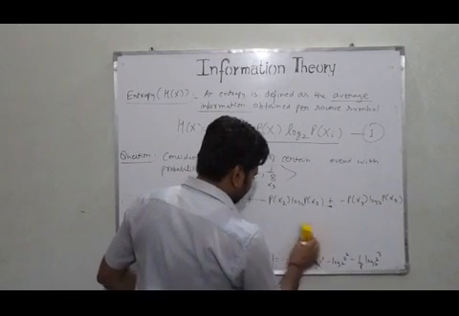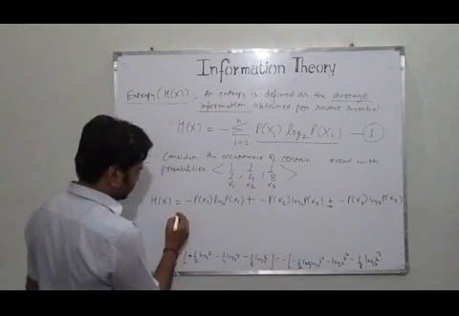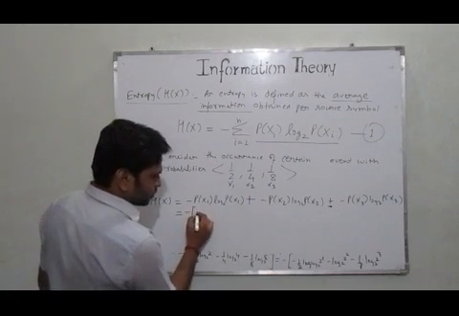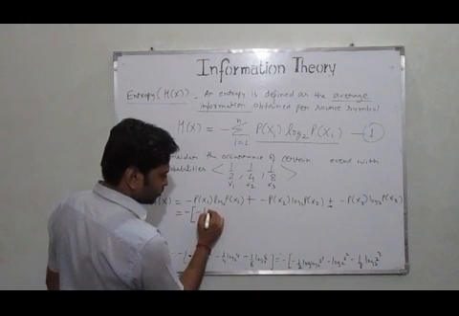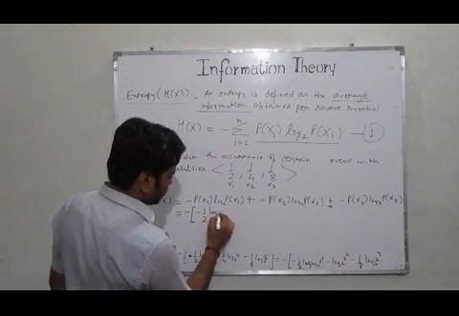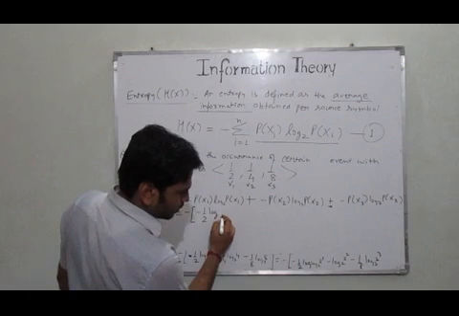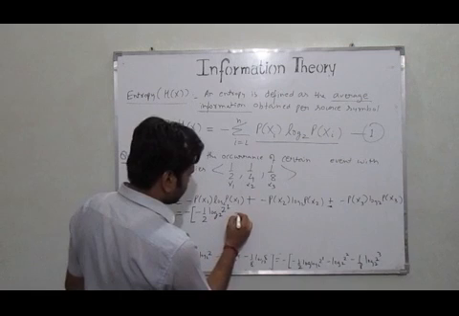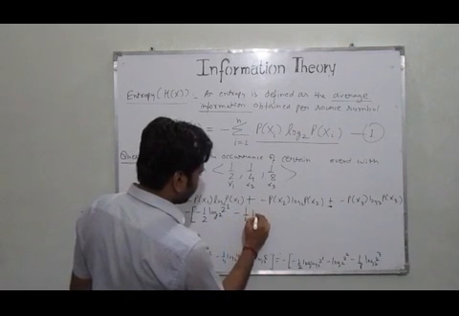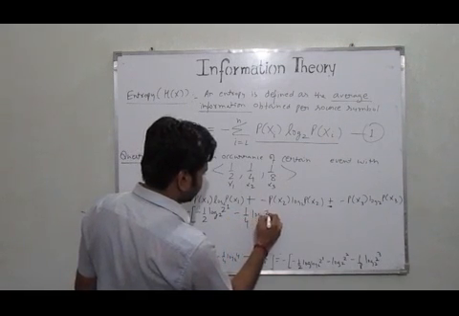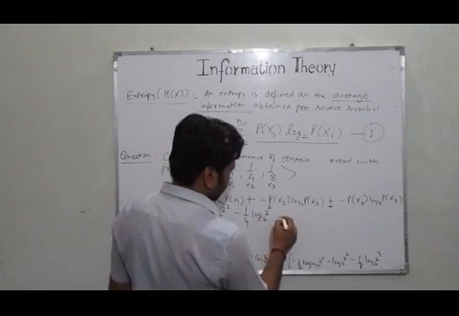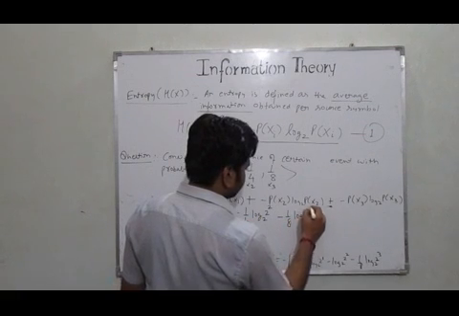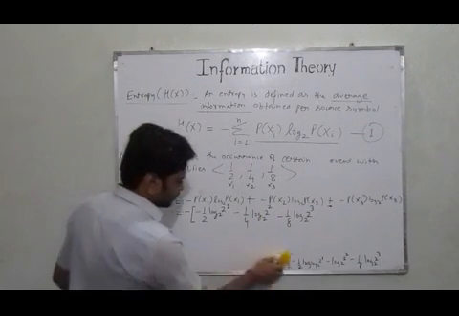So now I want to write this thing in a larger font. So it would be 1 by 2 log 2 raised to the power 1, minus 1 by 4 log 2 raised to the power 2, and then 1 by 8 log 2 raised to the power 3.